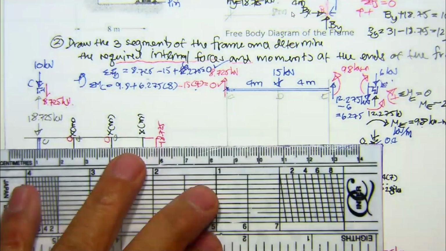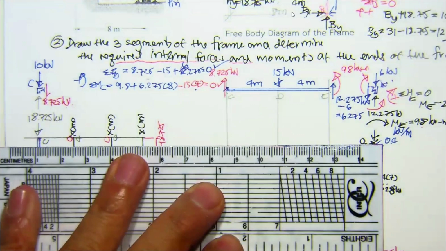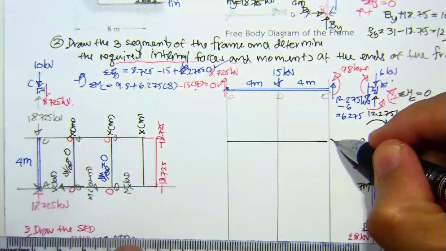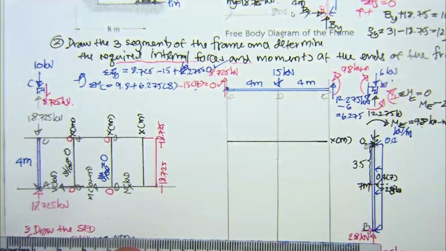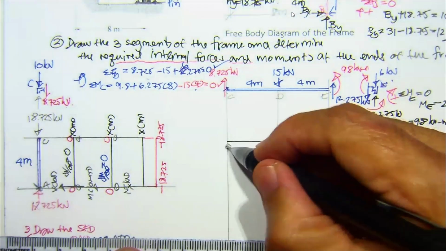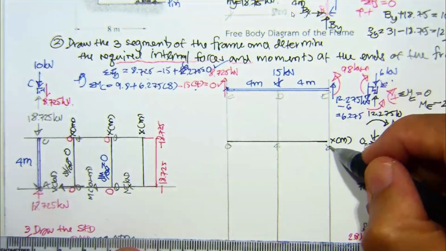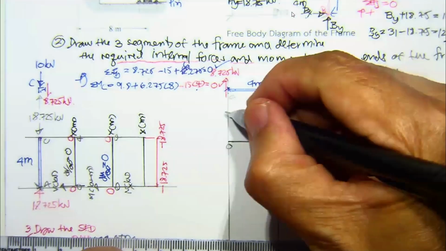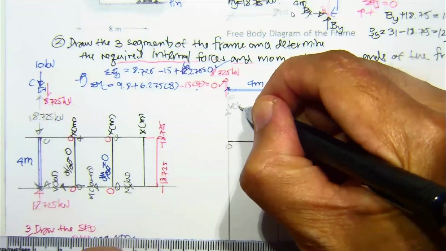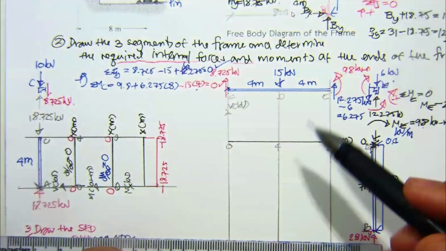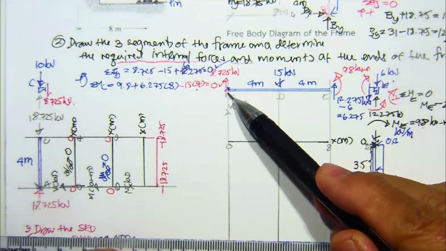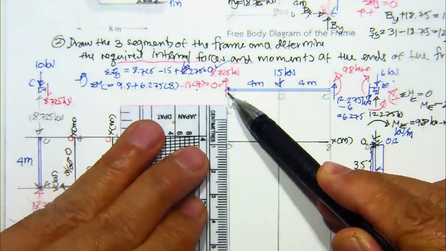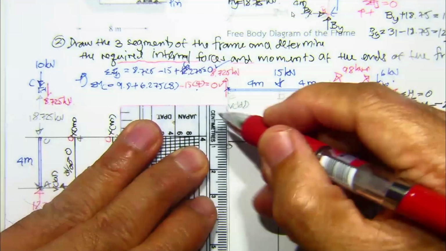We have the beam with 8 meter. This is x meter. Put this one 0, 4, 8, and then this is going to be V in kilonewton. We have this one upward force 8.725. So you may put this one here, force.